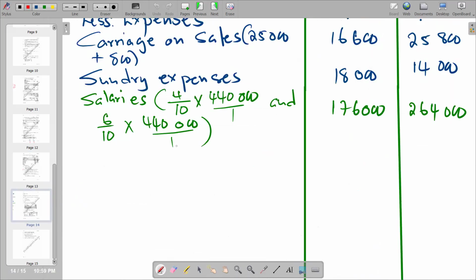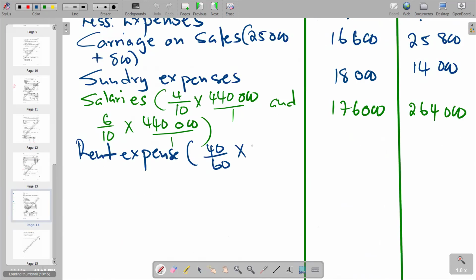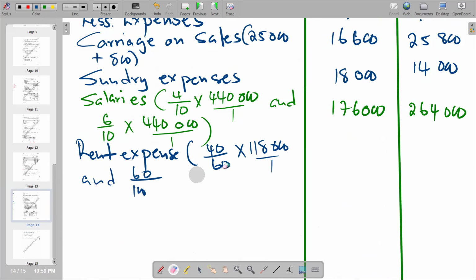So we calculate it like that, whereby we are saying this is our rent expense. In brackets, the first one is 40 over 100 multiplied by 118,000. And for the second one, we are saying 60 over 100. Here we can just make a correction, it's over 100.